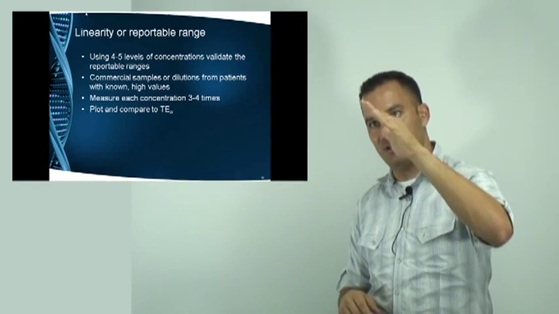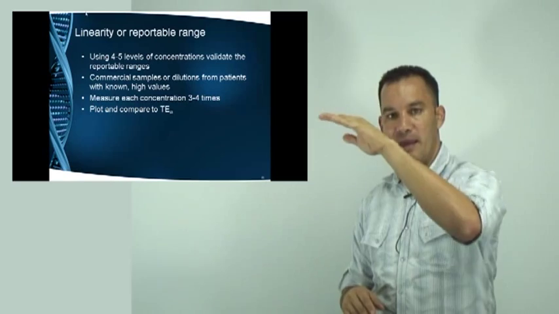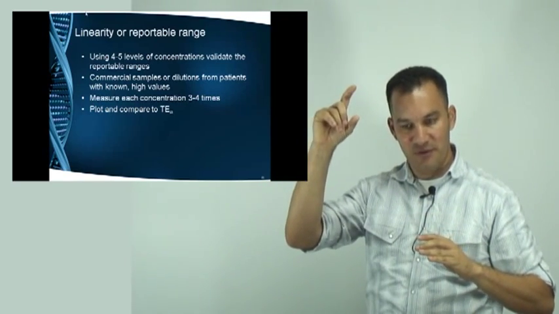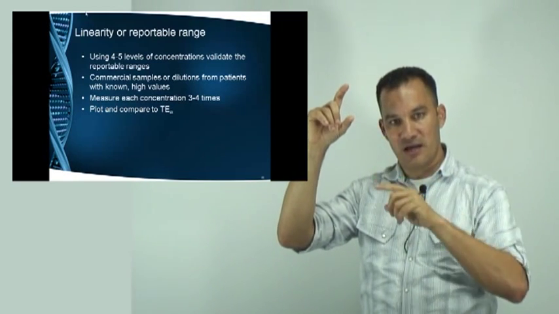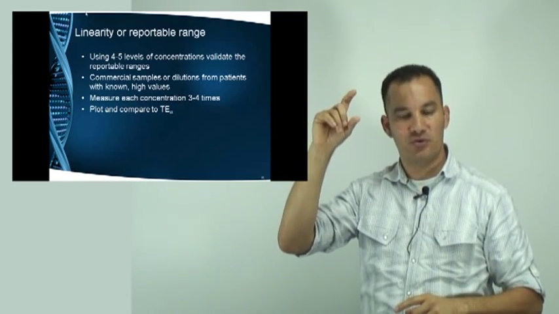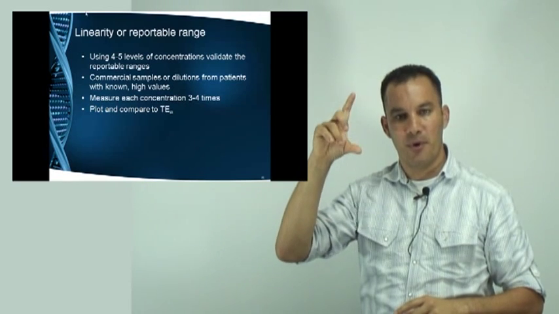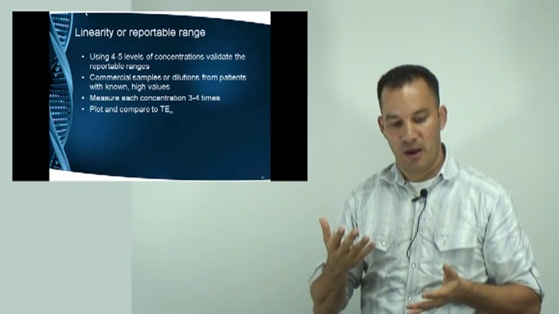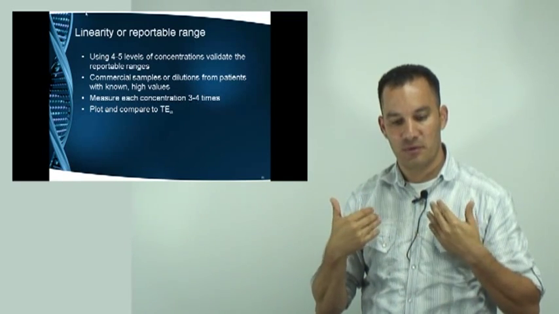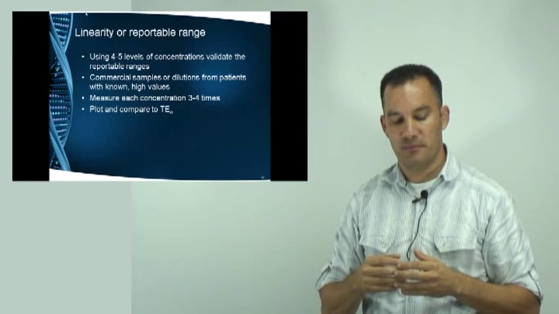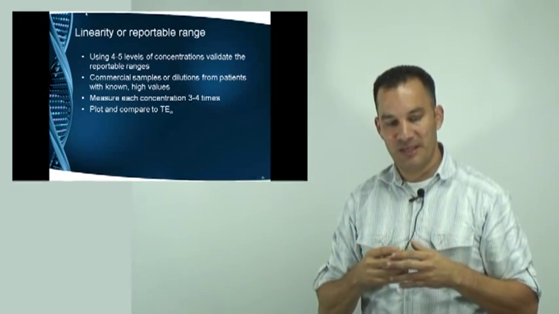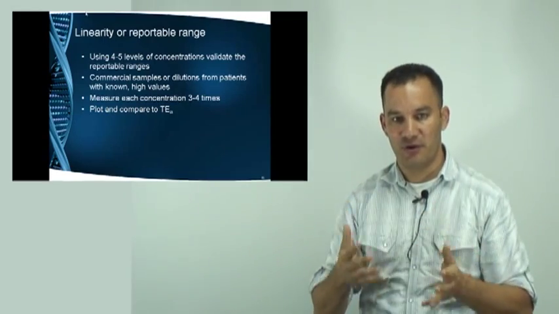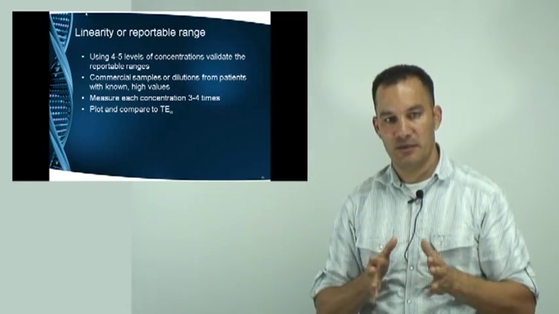Once you see that it deviates from a straight line, you have to decide if that deviation is acceptable when you look at the total allowable error, the amount of error that a method may differ from based on biological variation and analytical variation of an analyte.